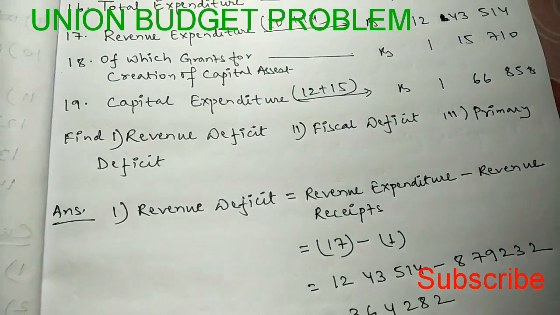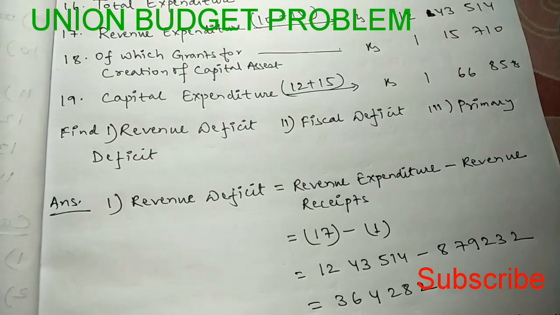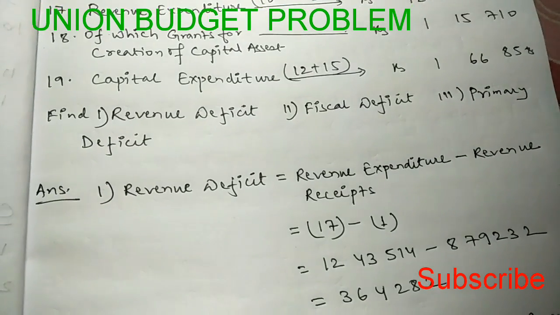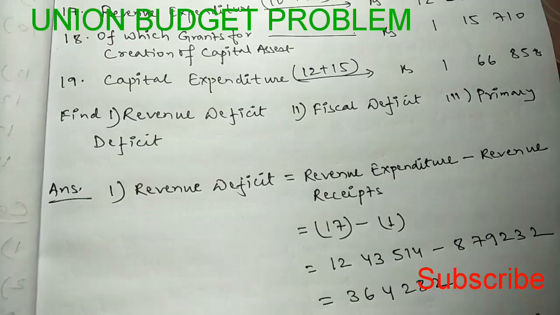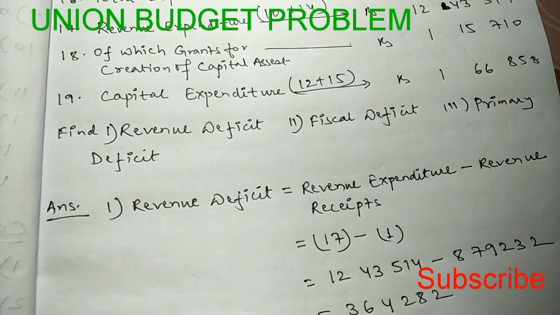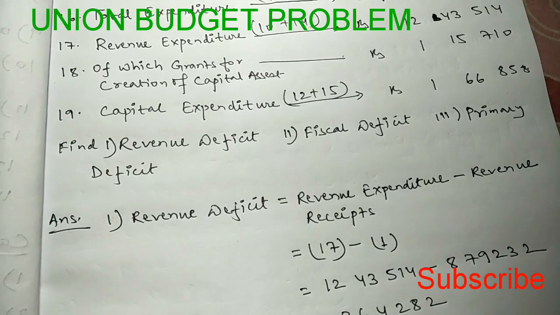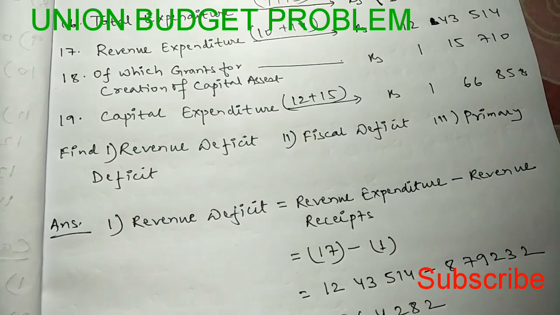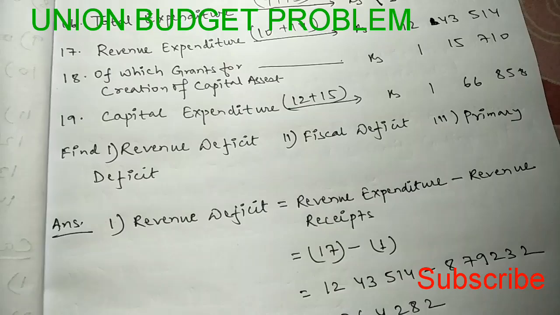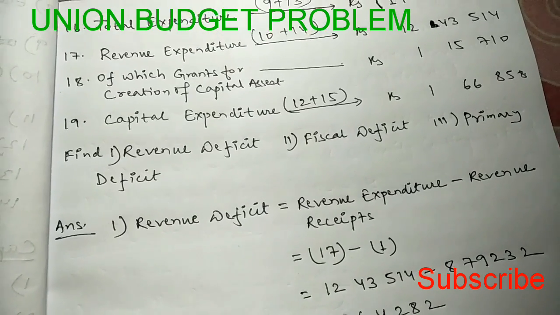How to calculate revenue deficit? You know revenue deficit means revenue expenditure minus revenue receipt. Now you calculate the revenue receipt and revenue expenditure. In the expenditure part there is a revenue account, with non-plan expenditure and plan expenditure.